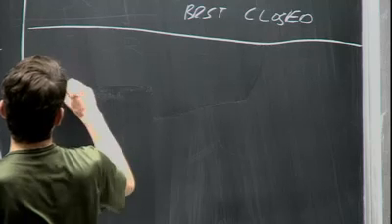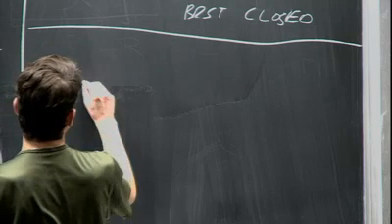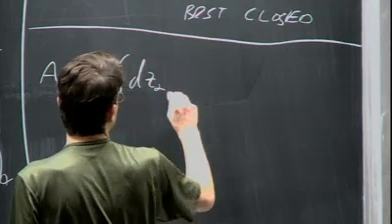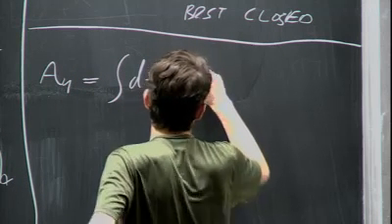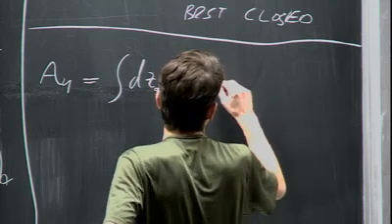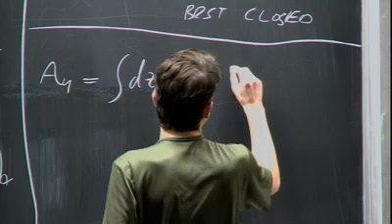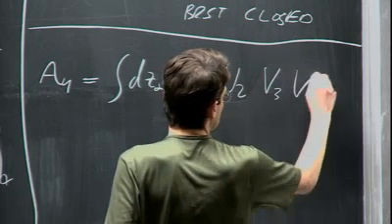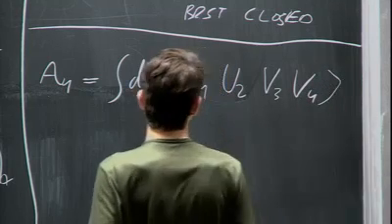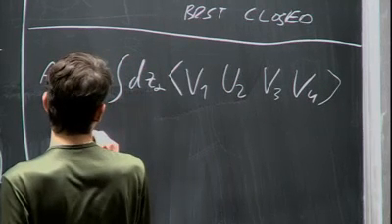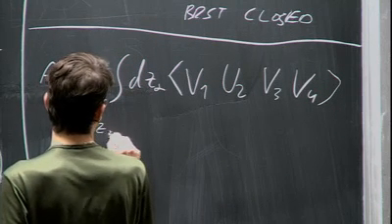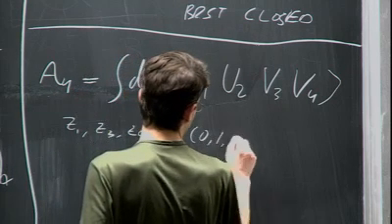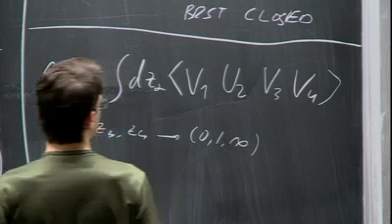Okay, so let's go to the 4-point function, and this is V1, U2, V3, V4, where the positions 1, 3, and 4 are 0, 1, and infinity.